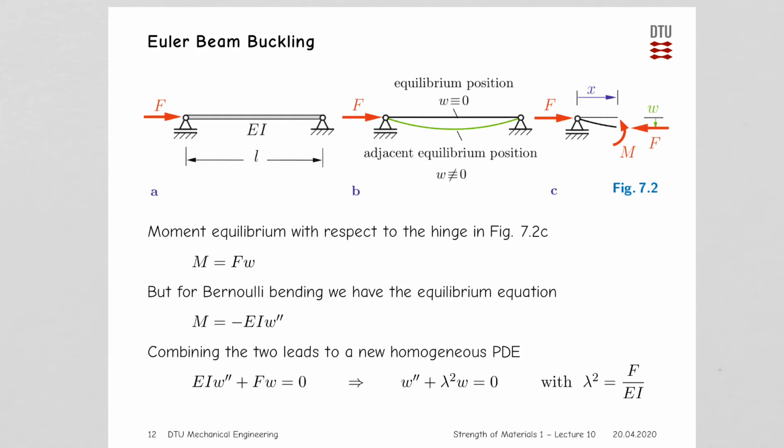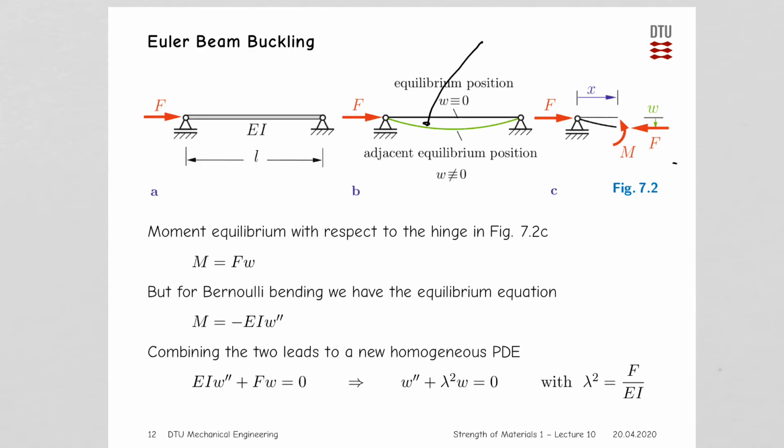So now we just need to find out how we actually find that answer to the problem in terms of the critical load. So what we do here is, again, inspired by the previous simple example, we will draw our structure in a buckle shape. And then we will actually do equilibrium conditions on the buckle shape.